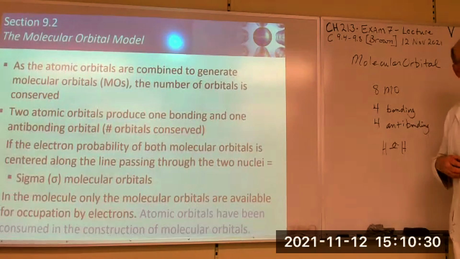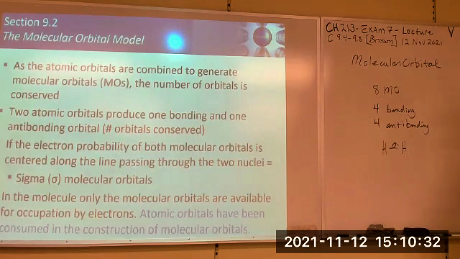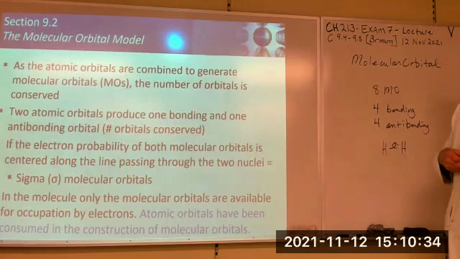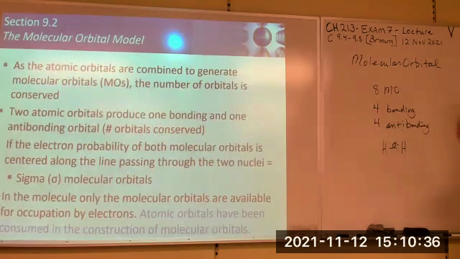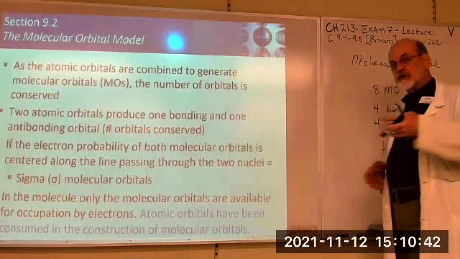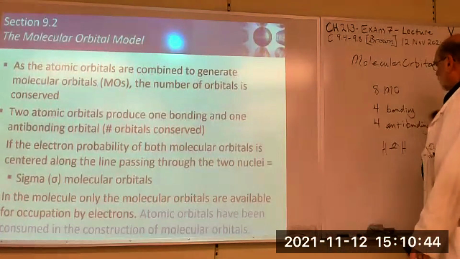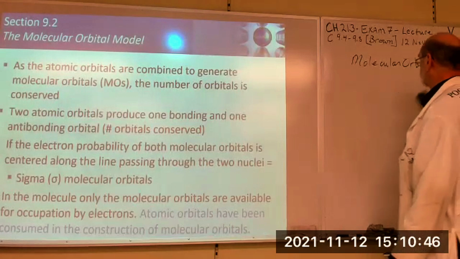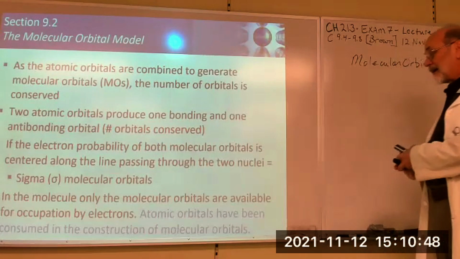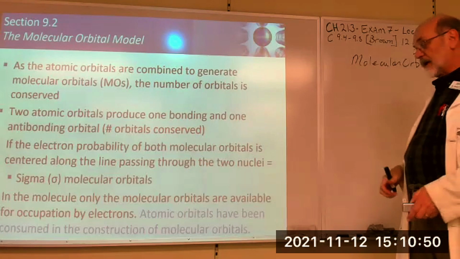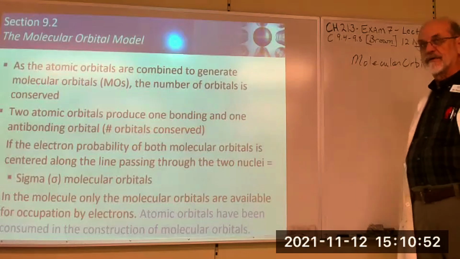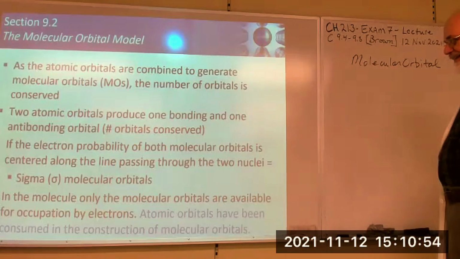So usually when you draw a molecular orbital diagram for a molecule, you leave out the core orbitals. Sometimes they put them in, sometimes we leave them out. They're not that important to describing how the molecules are put together. And it can get really complex, so I'm gonna stick with the simpler versions at this stage.